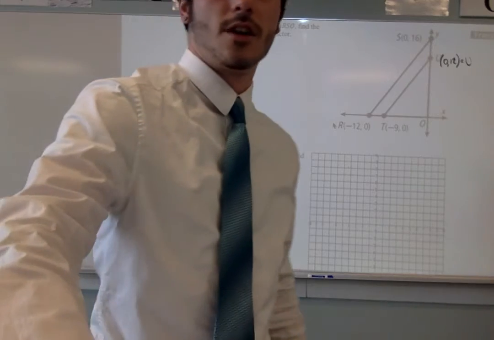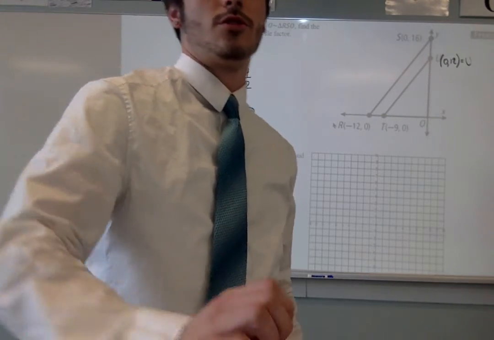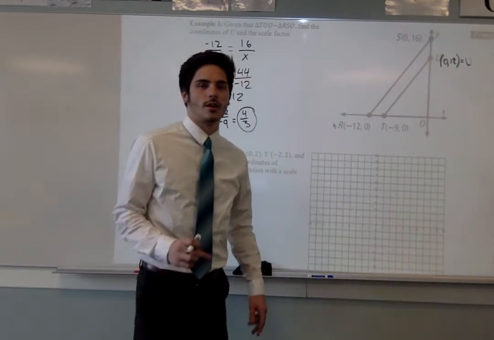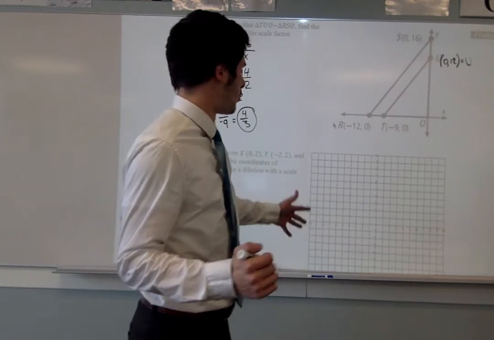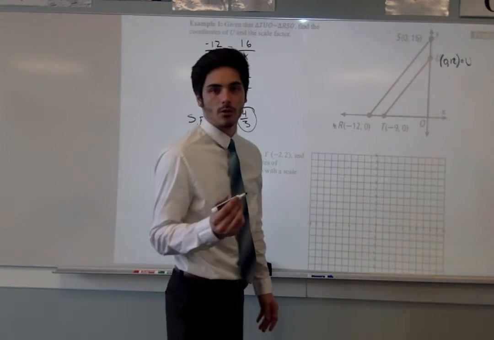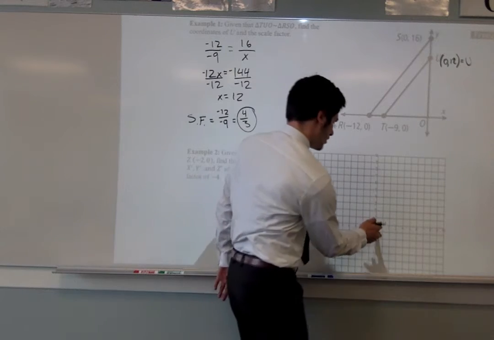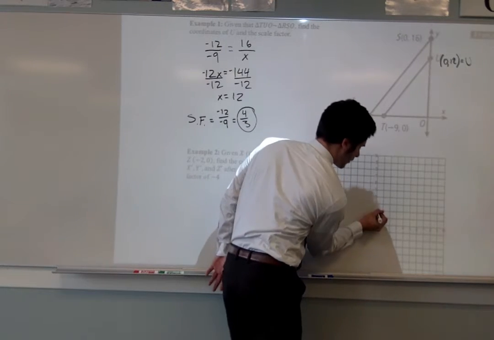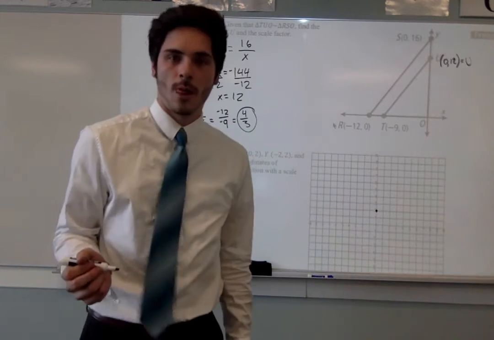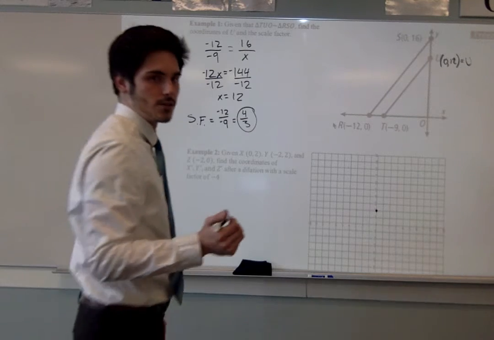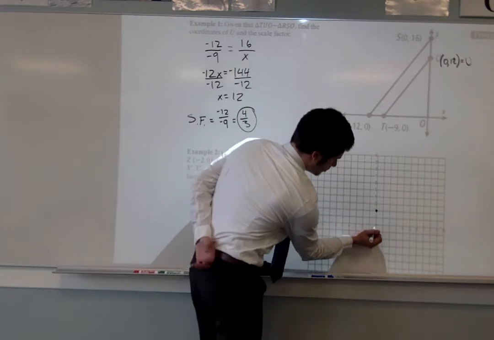So there's one example. If we go down to the next one, we are given a couple of points, which I'm going to put on the graph real quick. So we've got X is 0, 2, so over 0 and up 2. Then Y is left 2 and up 2.